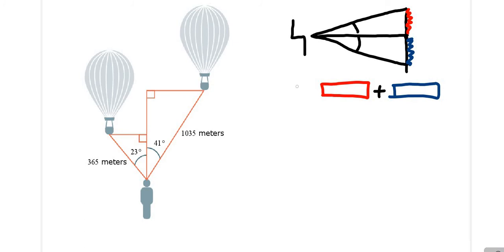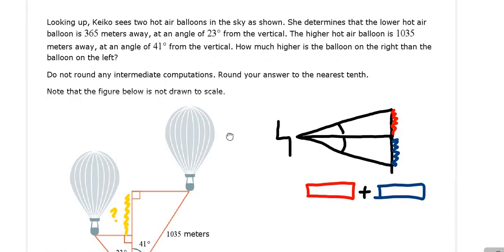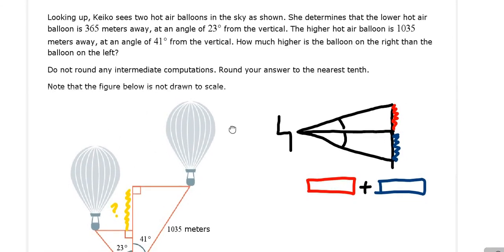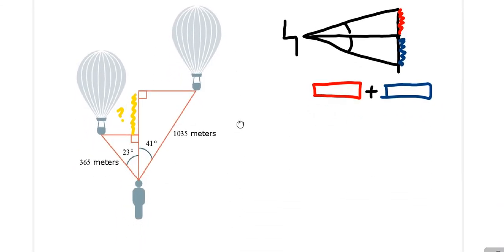In this scenario, the question is, if the hot air balloon goes from here and goes up, what is this difference? That's what this question is asking. It says right here, how much higher is the balloon on the right than the balloon on the left? So the ultimate goal is the yellow.